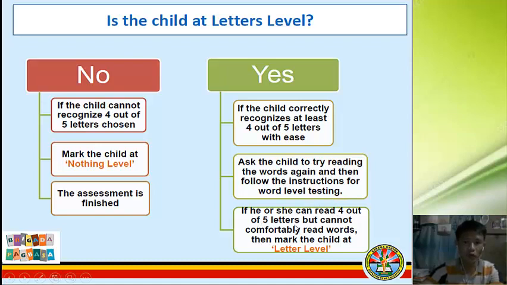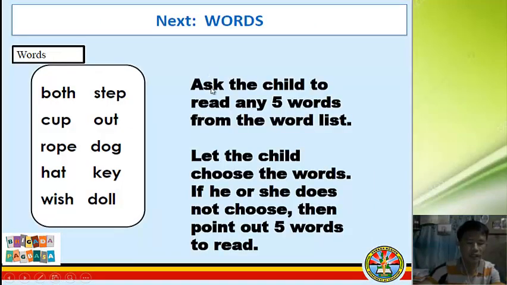If he or she can read 4 out of 5 letters but cannot comfortably read words, then mark the child at letter level. Now, in words, it is the same process. Ask the child to read any 5 words from the list and let the child choose the words. If he or she does not choose, then point out 5 words to read.